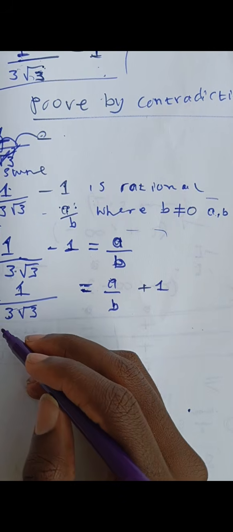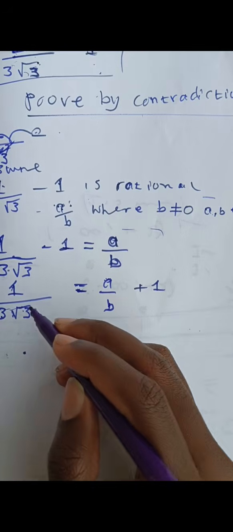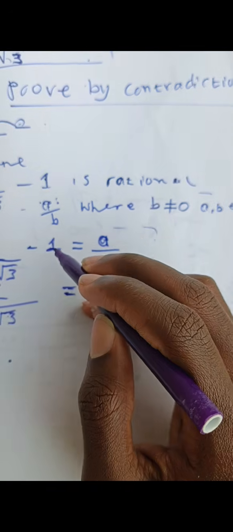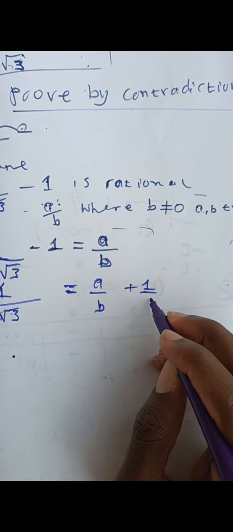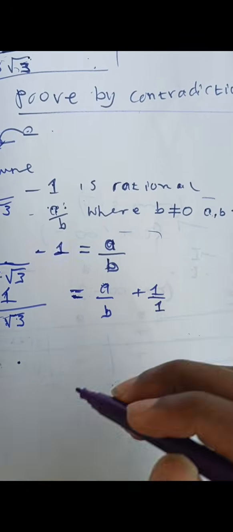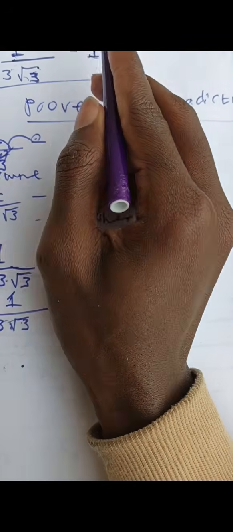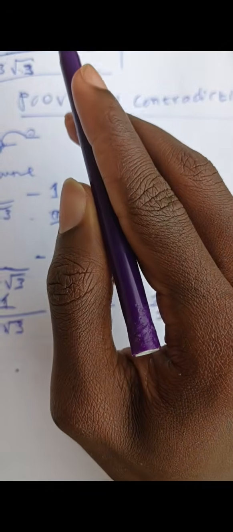Remember, my goal is to make square root of 3 the subject. I think this is where most of the students get stuck, because they fail to make the square root the subject of the formula. The one to make the subject is the one in the first statement, where they say, given that this and that is an irrational number.